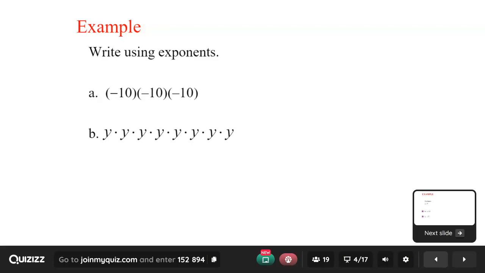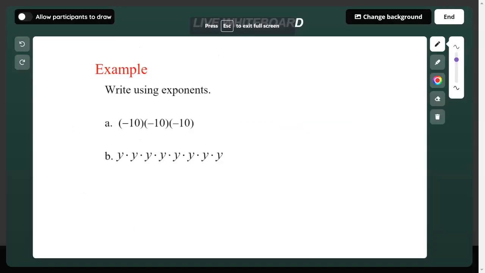If I have negative 10 times negative 10 times negative 10, what is my exponential notation going to be for that product? Negative 10 to the power of 3. Now, how you write it is very, very important. Do I write it just like this? You need to have the parentheses.